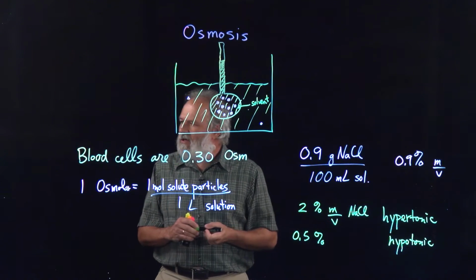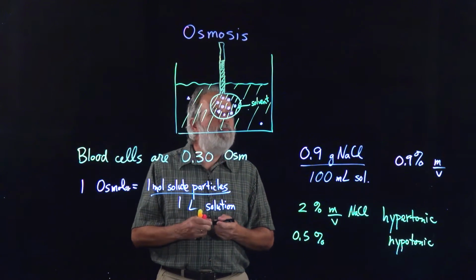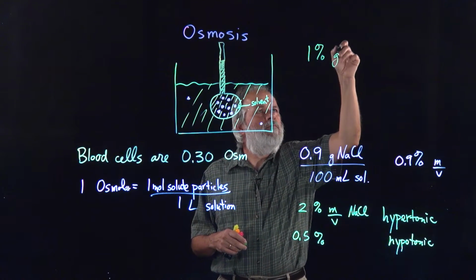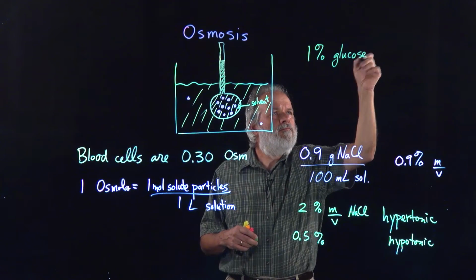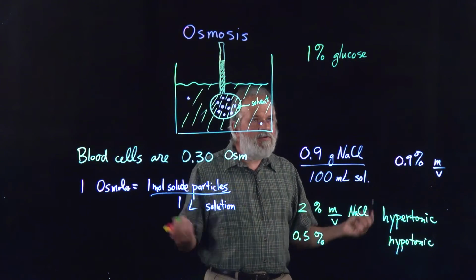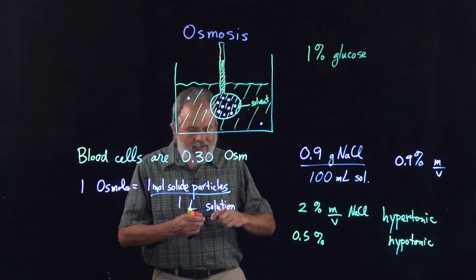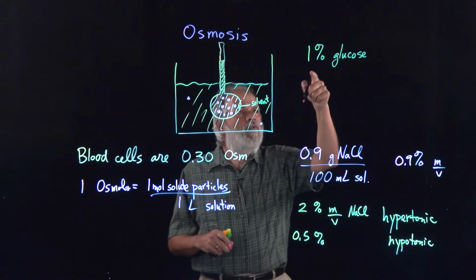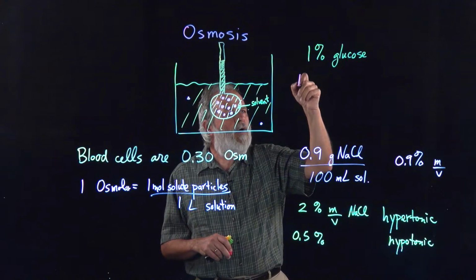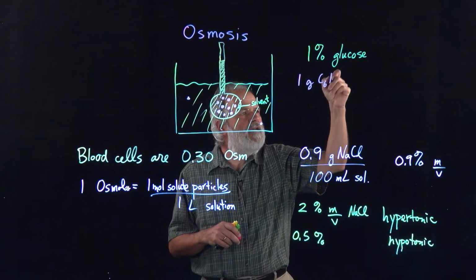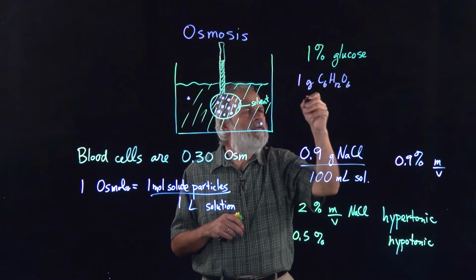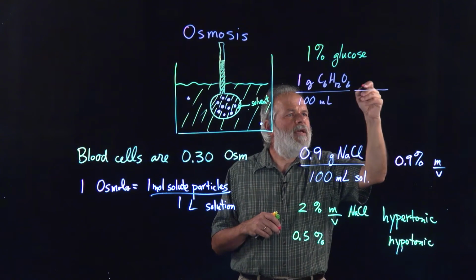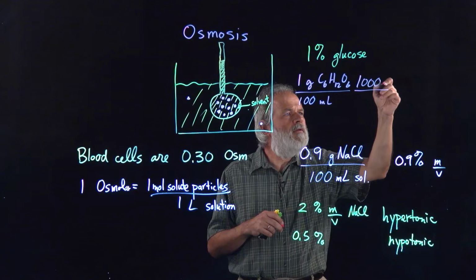Now, what about glucose? Let's say we have a 1% glucose solution. In order to do this, we actually have to calculate the osmolarity rather than just rely on what we know from sodium chloride. So with 1% glucose, you have 1 gram of C6H12O6 in 100 mils of solution. I'm going to go ahead and convert the mils to liters.